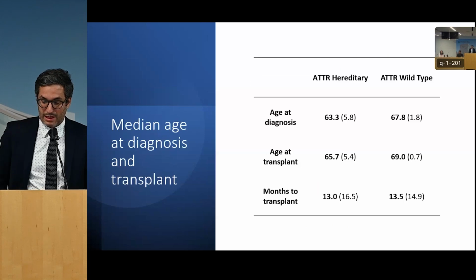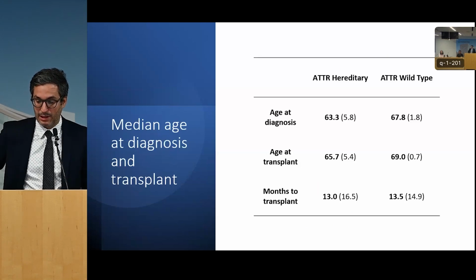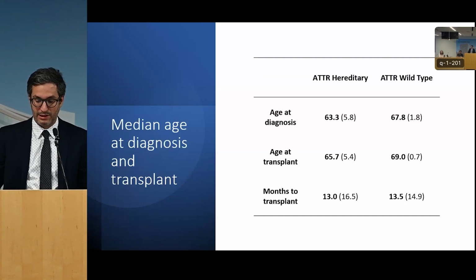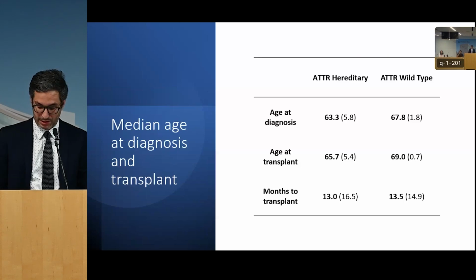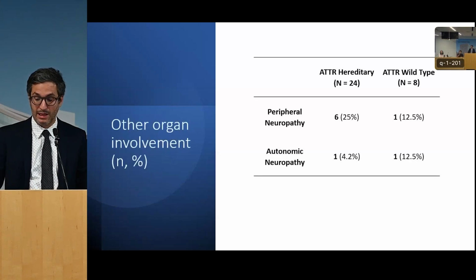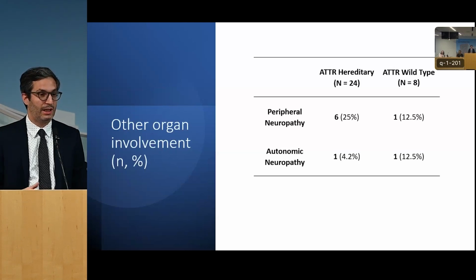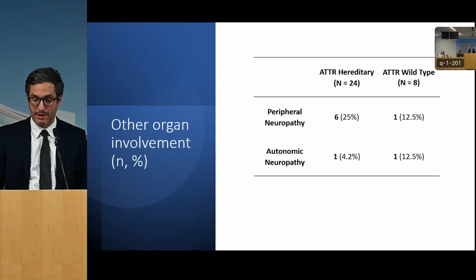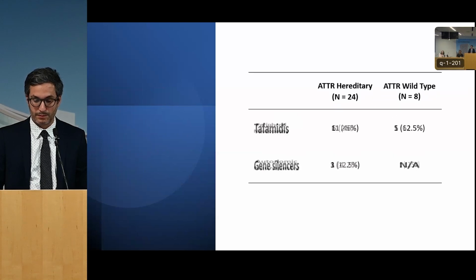The age at transplant was 65 and then 69 for the wild type, and months to transplant was about 13 in both. We see that a lot of the patients with hereditary ATTR, no surprise, had more neuropathy. Some variants do have that combined phenotype of cardiac and neuropathy. And in both populations, one patient had autonomic neuropathy.